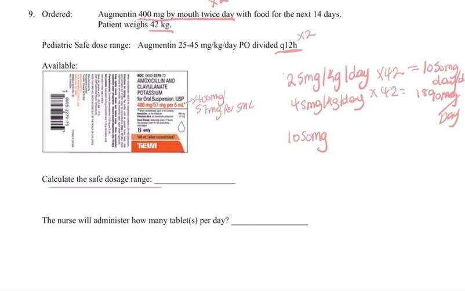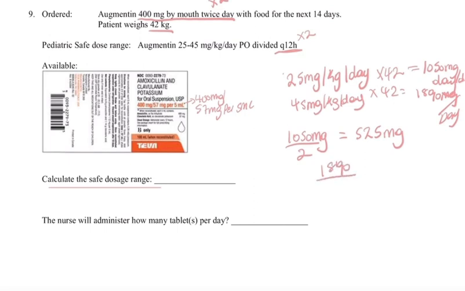Now, it did say calculate the safe dose range, but as you could see, it says it's divided every 12 hours. So there's 12 hours in a day. So I'm gonna go ahead and say 1,050 milligram is divided by 2, and I'm gonna get 525 milligram per dose.